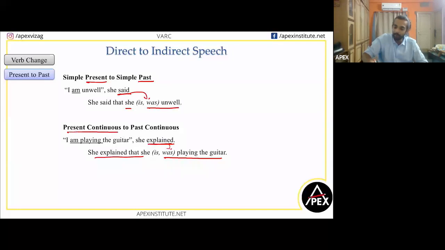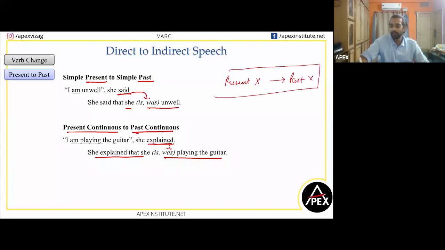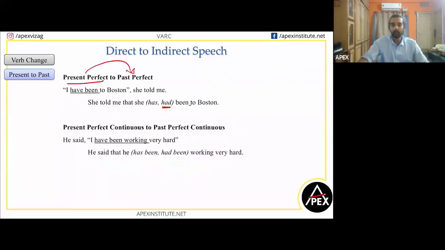Whatever is in present continuous, we are changing into past continuous now. Yes. So if it is present X, it will change into past X. That is the general rule. Okay. Yes. So if it is present perfect continuous, it will be past perfect continuous.